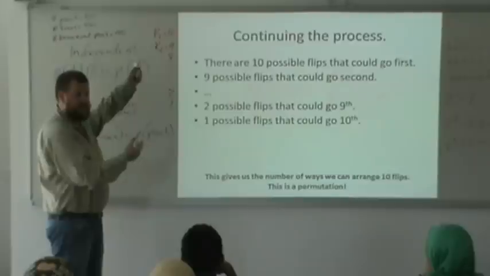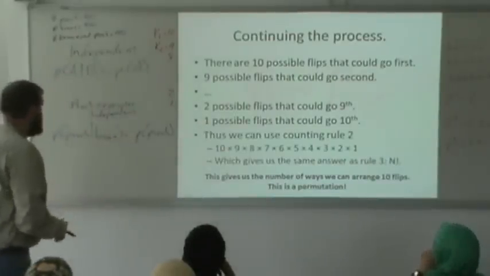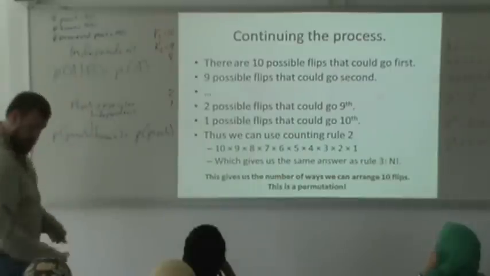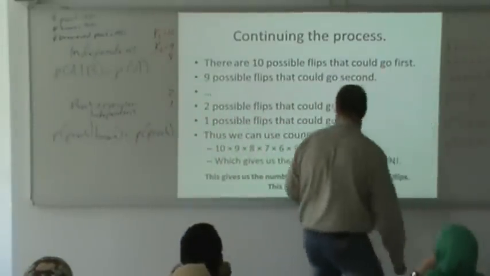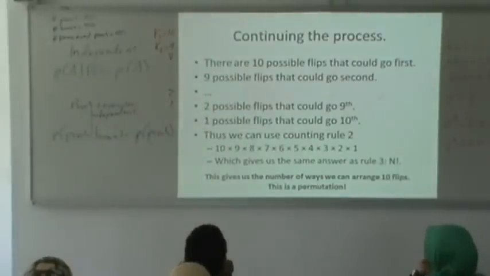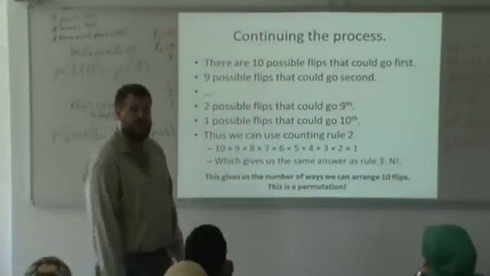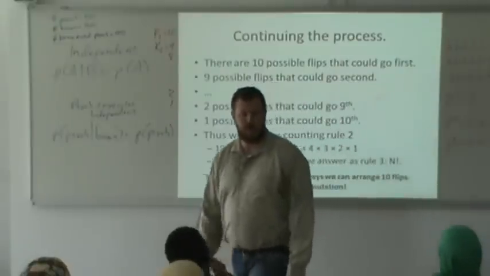And this just happens to be a factorial, right? So regardless of whether we use counting rule 2 or 3, we get the same answer, which is n factorial or 10 factorial. This is a permutation. You should know permutation. I will not ask you what counting rule 1 is, but I probably will ask you what a permutation is.